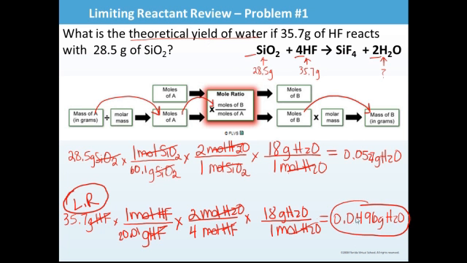So the theoretical yield of water is 0.0496 grams. We don't have enough silicon dioxide to make this much water. And since HF is my limiting reactant, my silicon dioxide is what we call the excess reactant, which means we're going to have some of this left over. And you got it. We certainly can calculate how much we have left over.